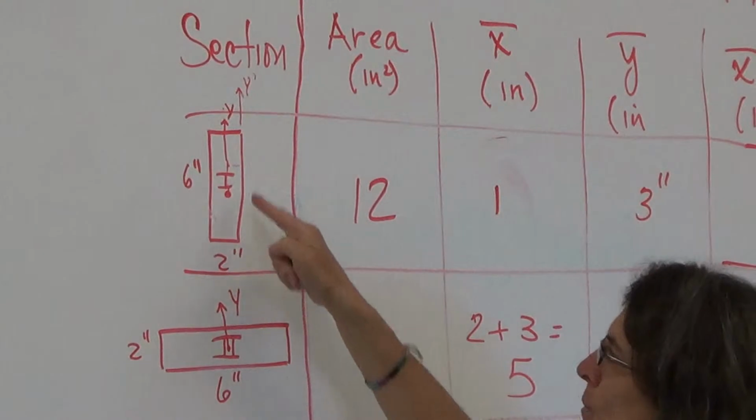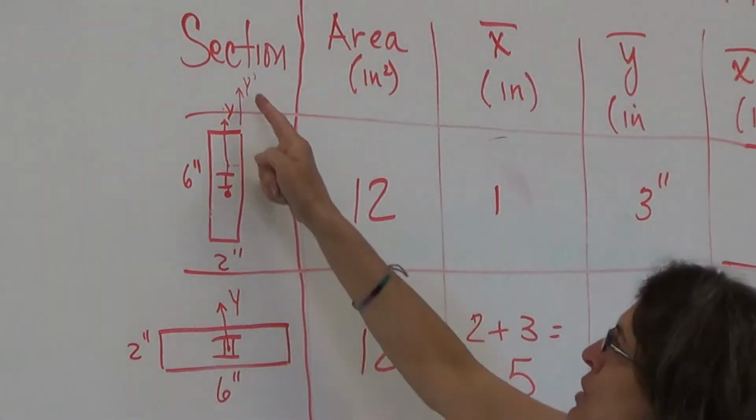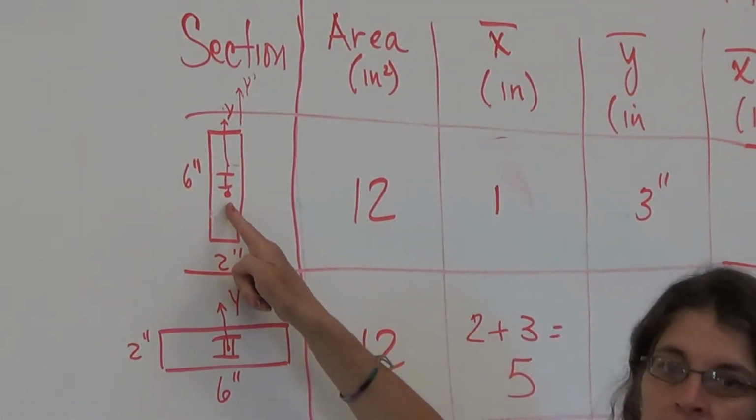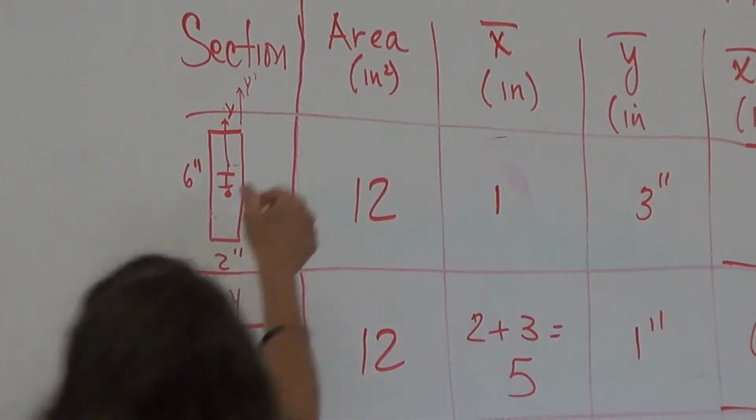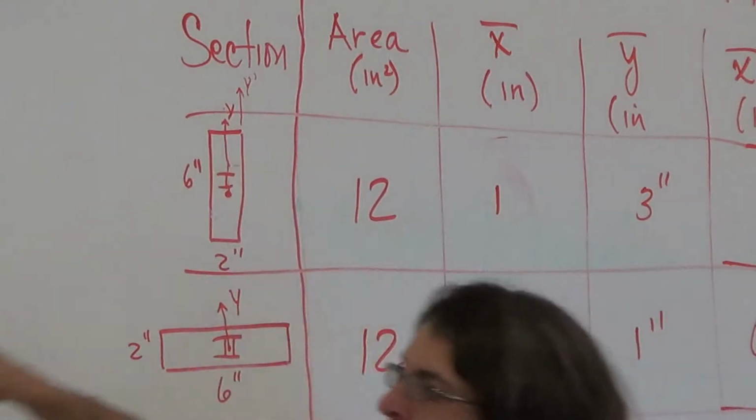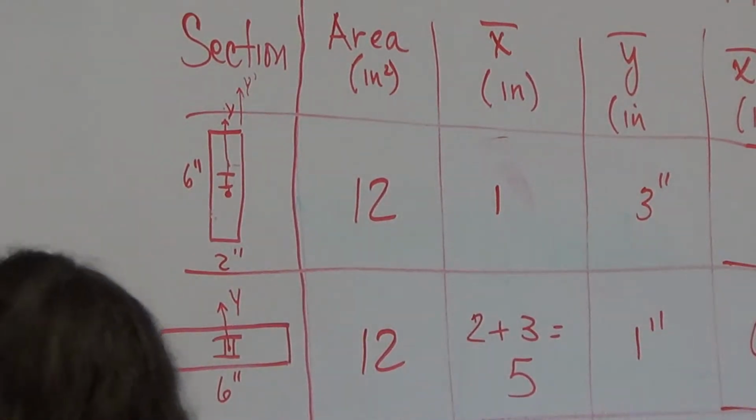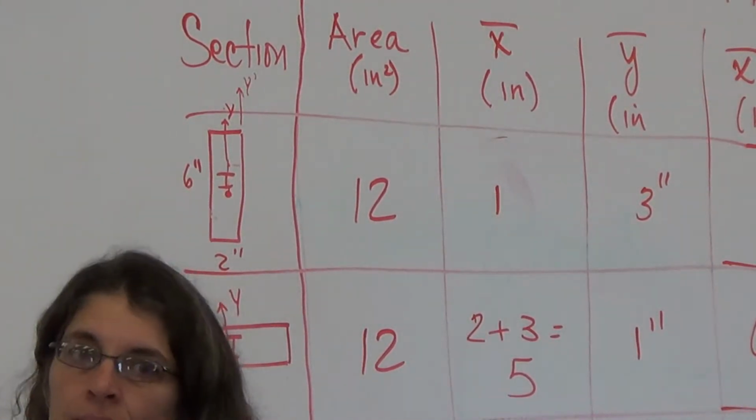Yes, because there's more material here. Does the y prime go through the center? No. So we are not following this rule, because for this rule, you look at the table and use the equation on the table. Instead, y prime is not going through the center. That's this case. We have to use the parallel axis theorem.